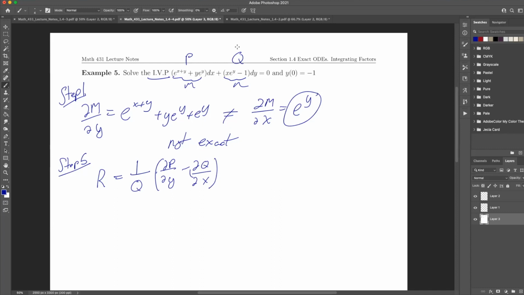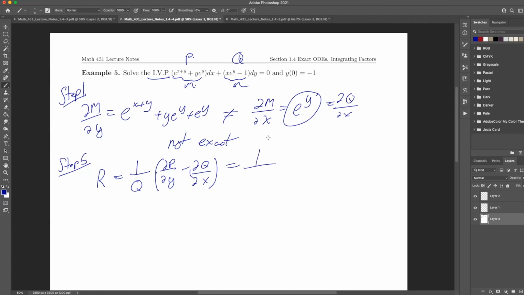These are the same, right? Because n and q are the same, and p and m are the same. Why your book introduces a new notation, I do not know, but it does. And so here, this is also equal to the partial of q with respect to x. Why? Because it's the same thing.